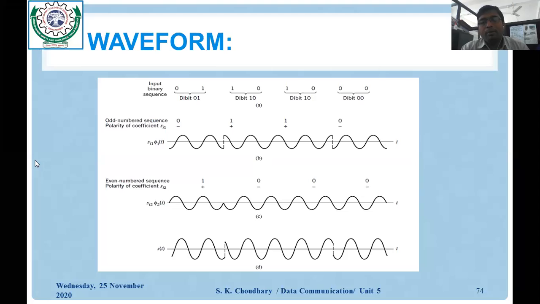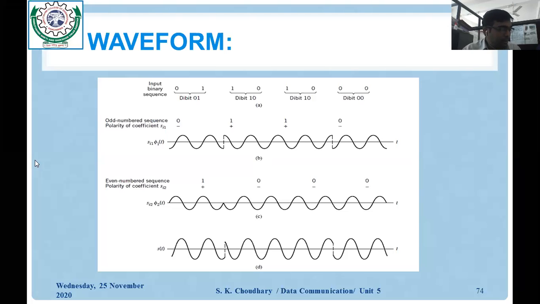They have multiple levels actually, but I have skipped those terms because it is not possible to draw this kind of waveform in the online module. So I have taken only the important parts of this diagram.